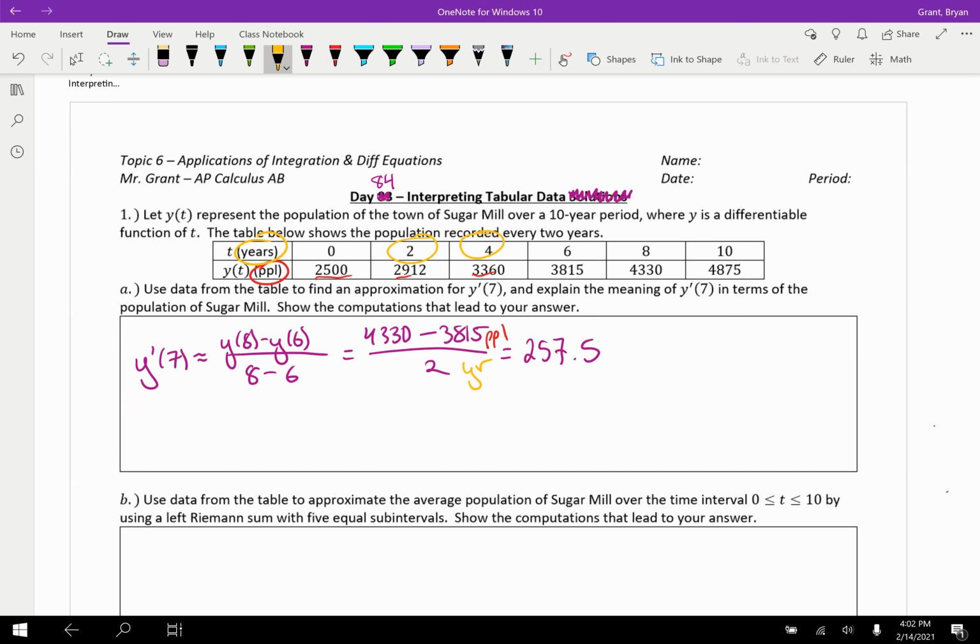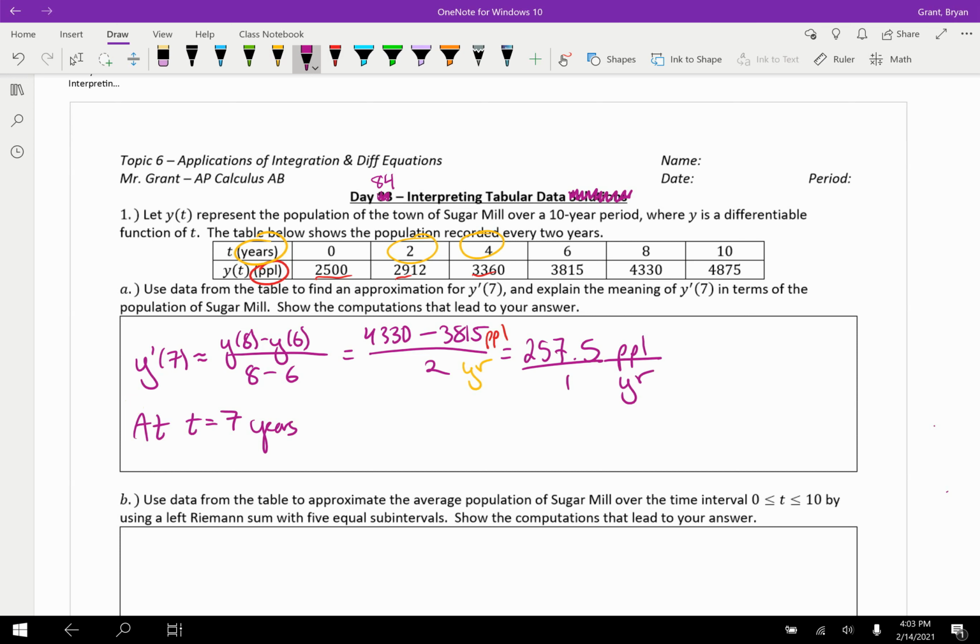So we can see that we created 257.5 people per year. And it might even help you to think of this as a fraction. So what is this saying? Remember, derivatives always talk about what happens at a specific value. At t equals 7 years, what's happening?